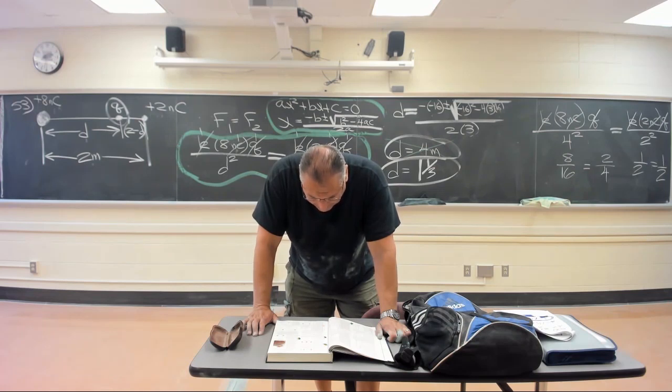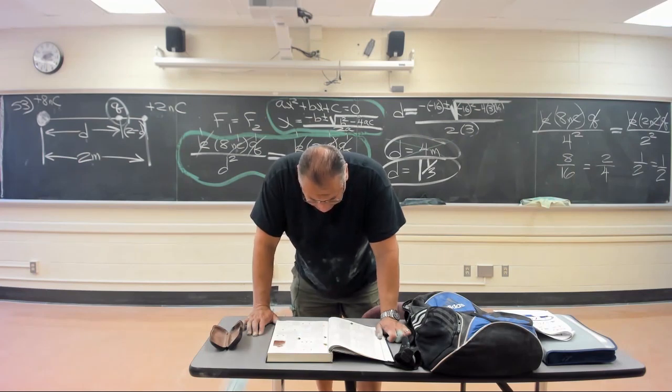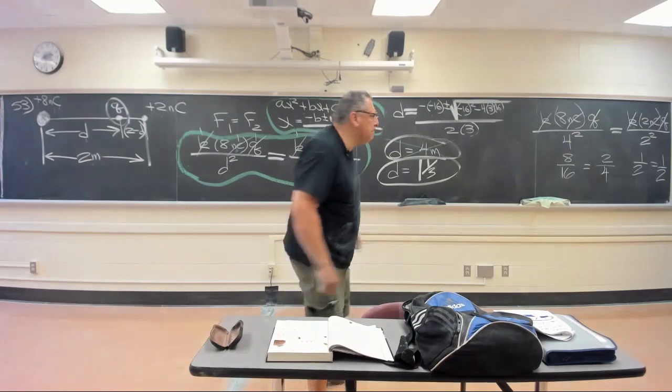The left hand and right hand strings have length capital L and make an angle theta with the vertical. What is the value of q in terms of K, G, M, capital L, and theta? Okay, neat problem.